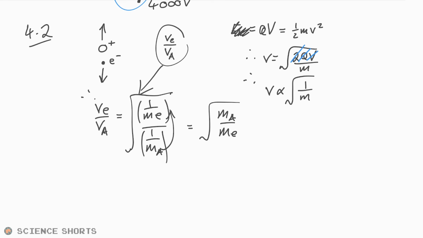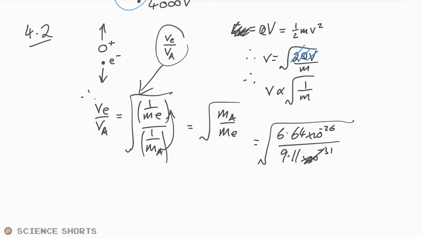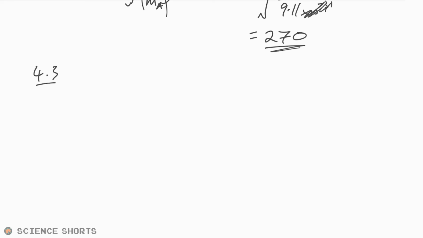And so that's equal to the square root of the mass of the argon ion, we're told that, which is nice, times 10 to the minus 26, divided by the mass of the electron. Let's sort out powers of 10: plus 31 on top, so that just ends up being times 10 to the 5. So what do we end up with in our calculator? 6.64 divided by 9.11, square root of that, and we end up with 270. That's our ratio.